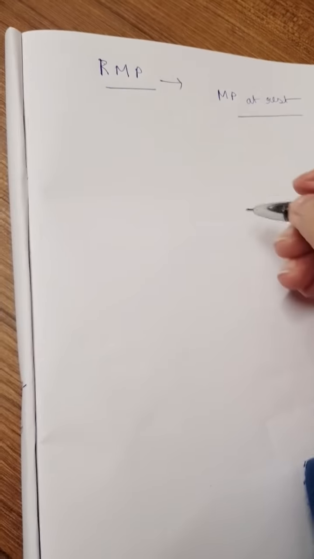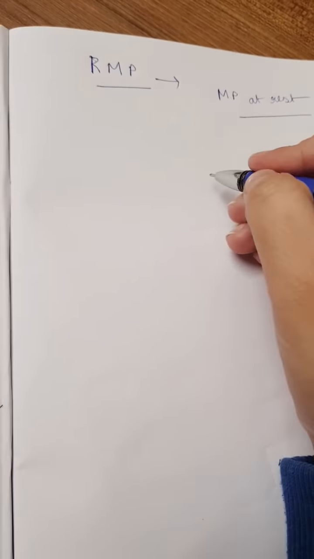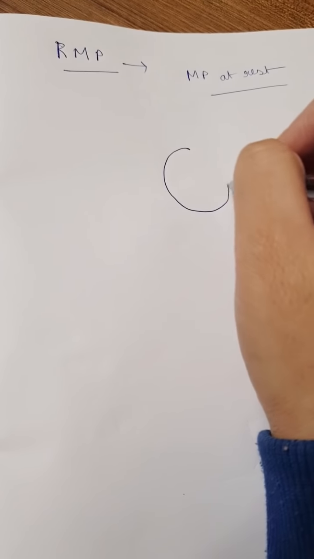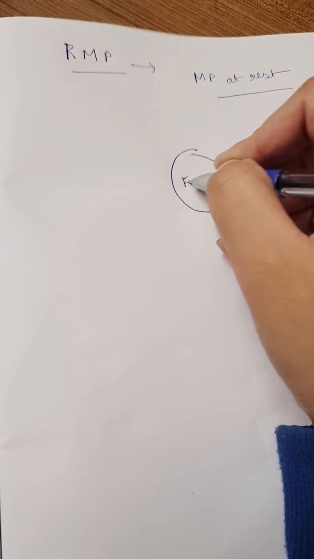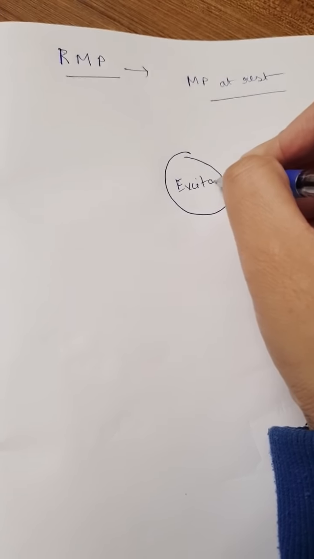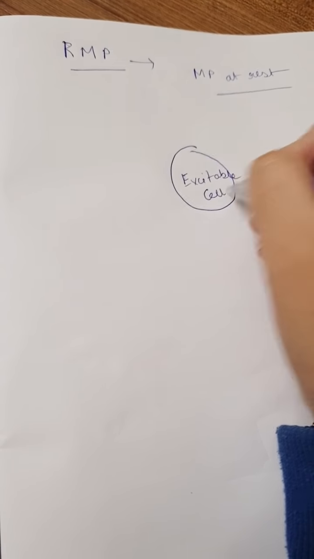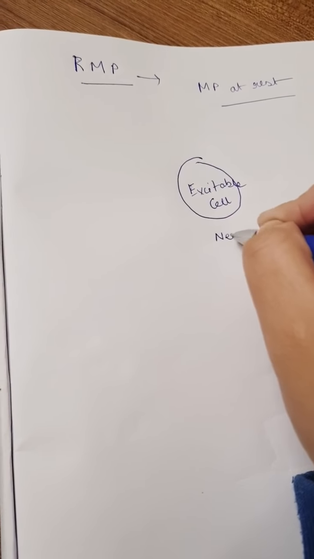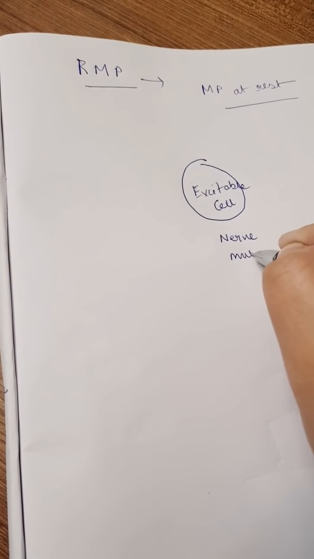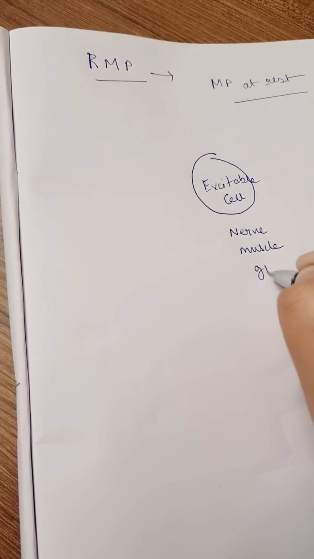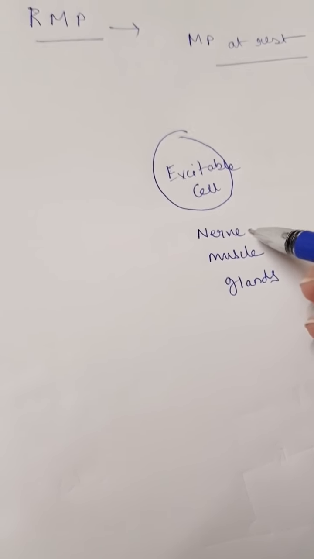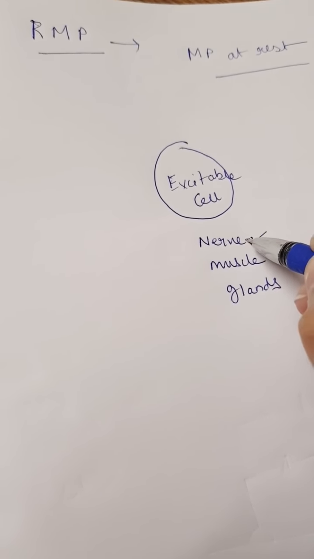Now what happens when we give a stimulus? Say we have an excitable cell. It can be a nerve or a muscle or maybe glands. For all intents and purposes, I'm going to talk about nerve through this discussion.